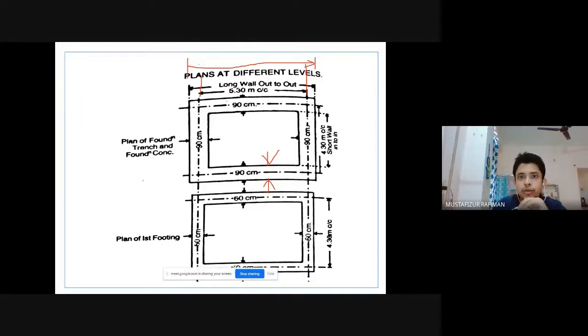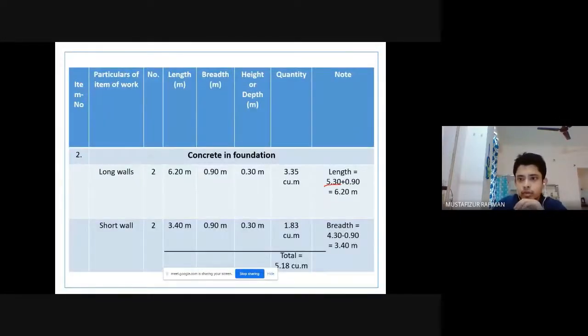So what we have to do: 5.3 meter is the center to center dimension. On this side, we have to add 0.9 by 2. And on this side, we have to add 0.9 by 2. So finally, we add one full thickness, 0.9, and it becomes 6.20 meter.